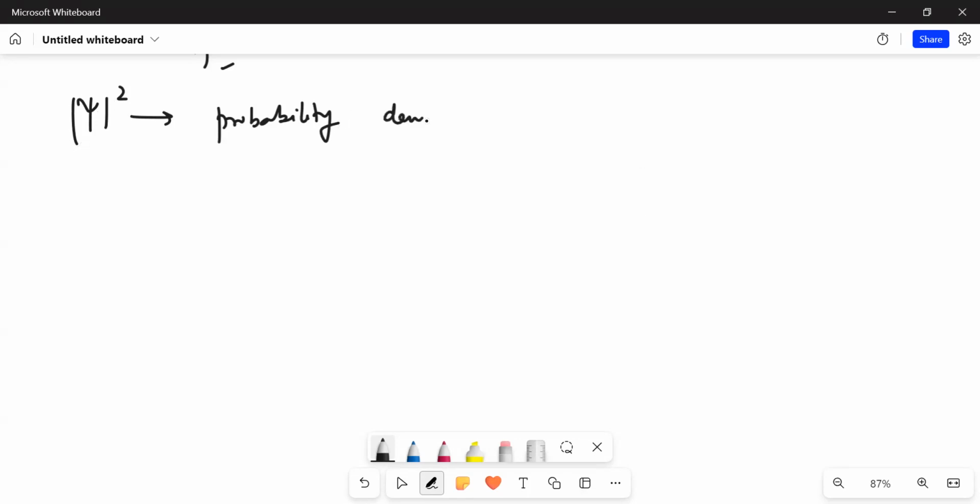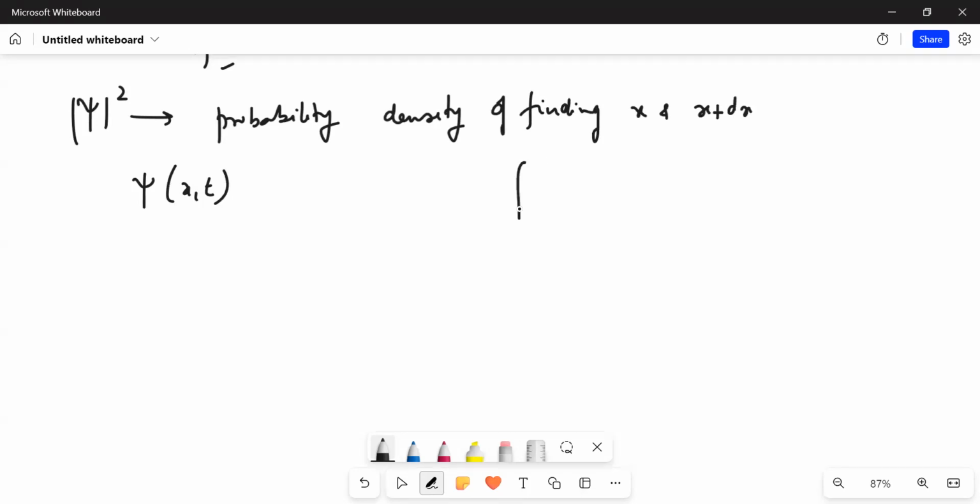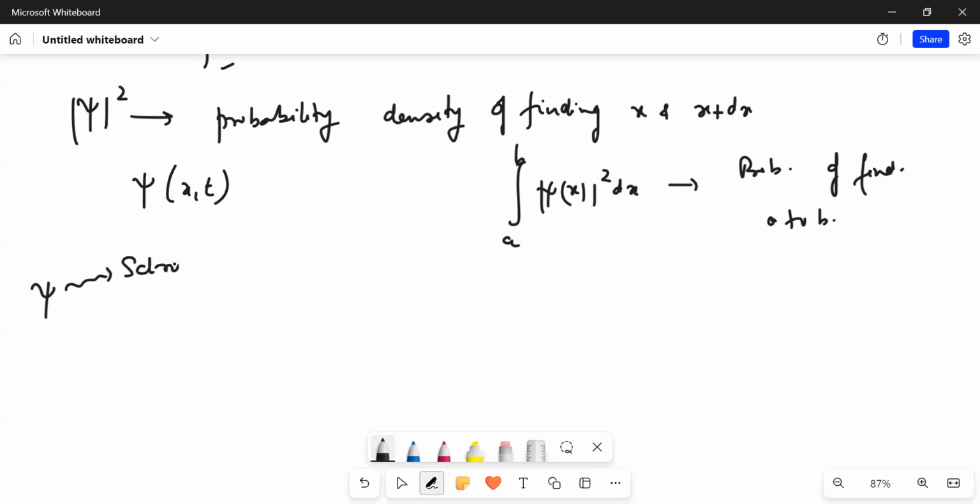For example, if your wave function is a function of x and t, that is, in one dimension, then this is the probability density of finding the particle between x and x plus dx. And if I integrate this from A to B, it will represent the probability of finding the particle from A to B.